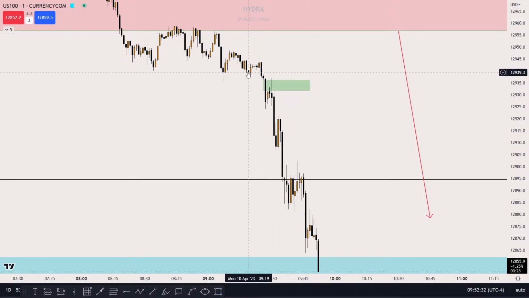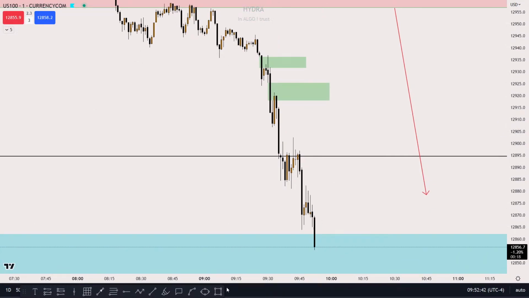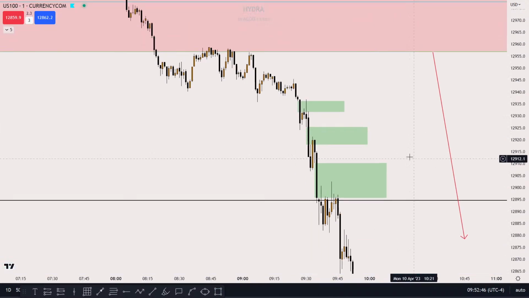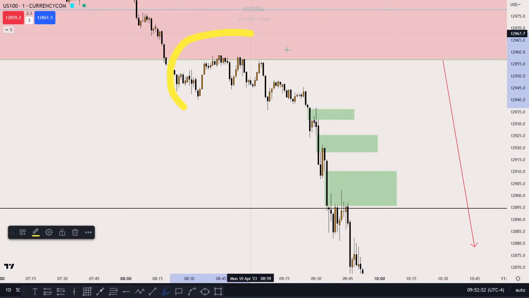Look at this. NAS respected this fair value gap. Then NAS respected this fair value gap, right? Look at how many times NASDAQ US 100 respected fair value gap. And before all this move happened, I gave you a signal here, but I didn't give you a setup.